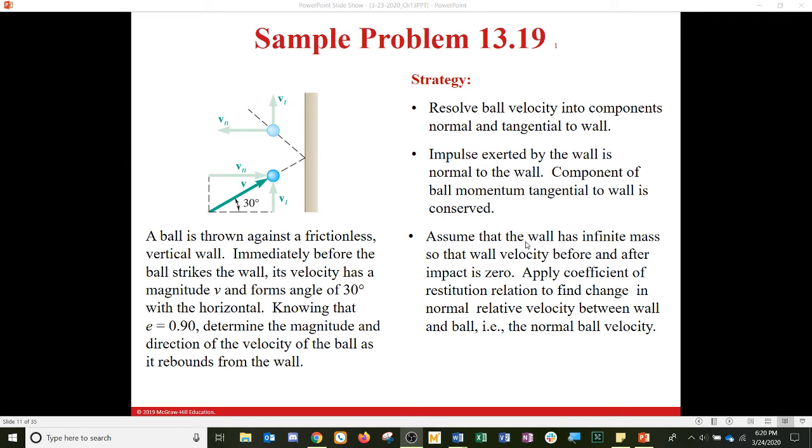But ultimately, what we want is the momentum of the wall. We deal with it by saying the wall velocity before and after the impact is 0. And so we will deal with that coefficient of restitution as the relative velocity of the ball leaving the wall.